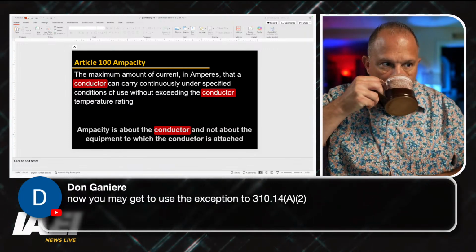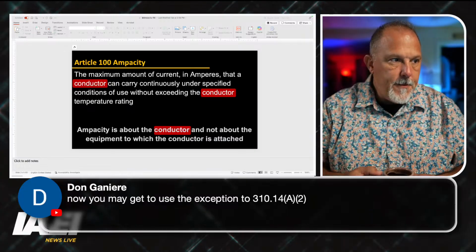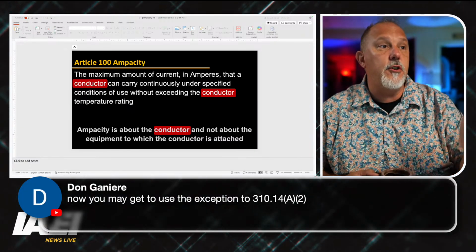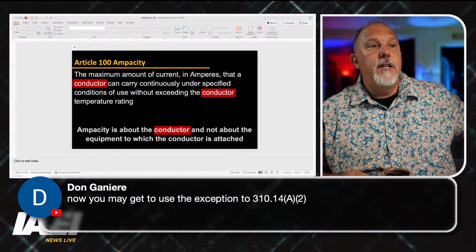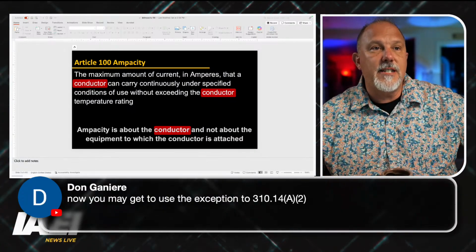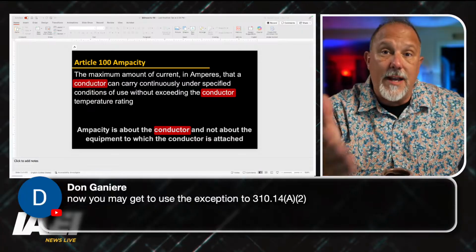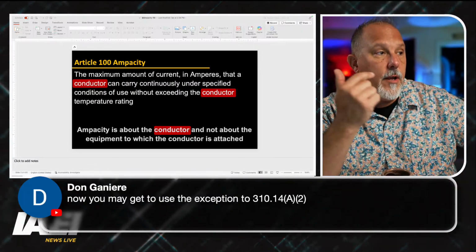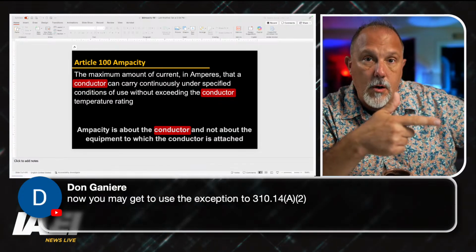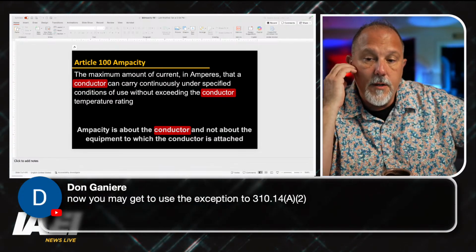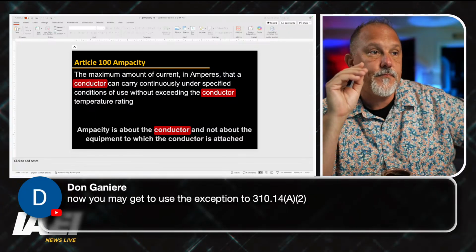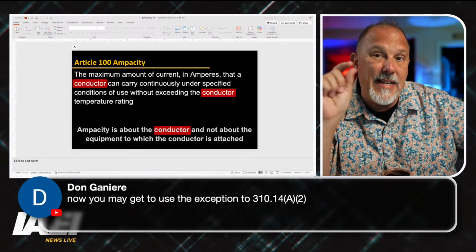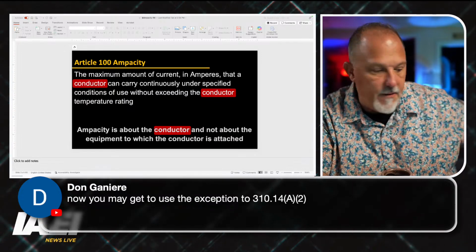Now, in A3, it says temperature limitation of conductors. No conductor can be used such that its operating temperature exceeds the designated type of the insulator conductor involved. So that's where the importance, Laurel, of 310.4, that table, to make sure that you understand the insulation and the limitations of that.